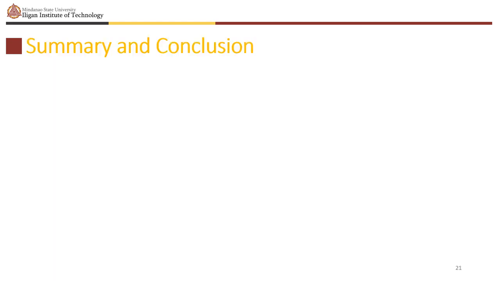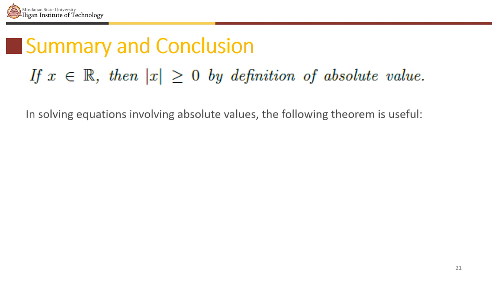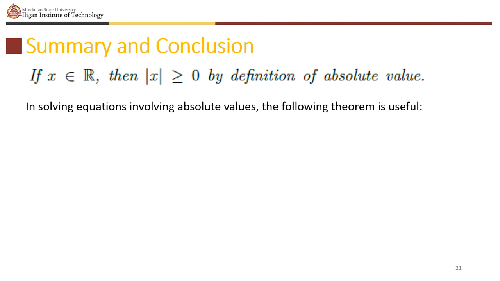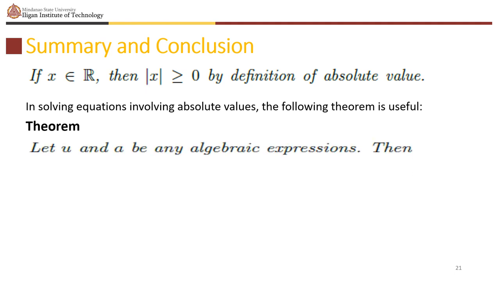And now we have our summary and conclusion. That is, if x is an element of R, then the absolute value of x is greater than or equal to 0 by definition of absolute value. And in solving equations involving absolute values, the following theorem is useful. Let U and A be any algebraic expressions.